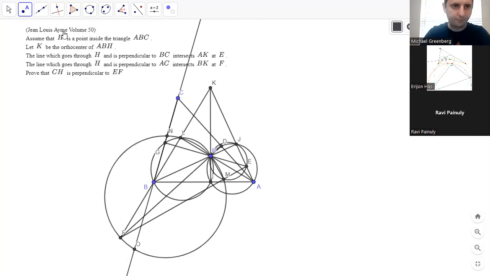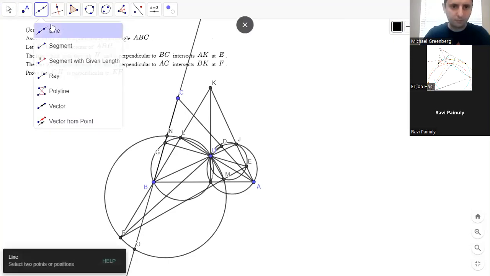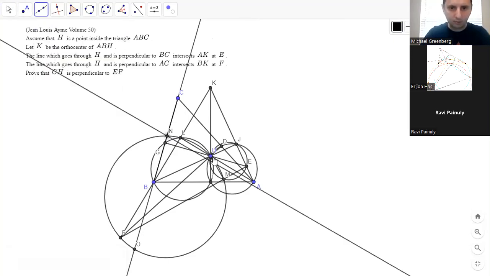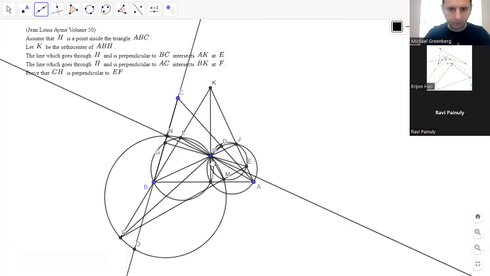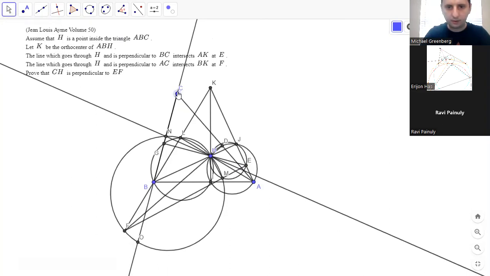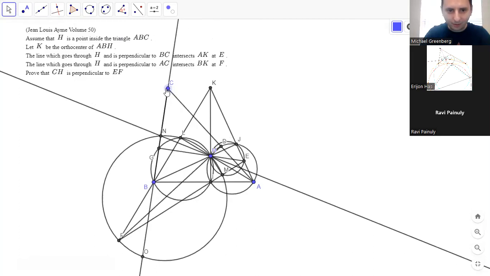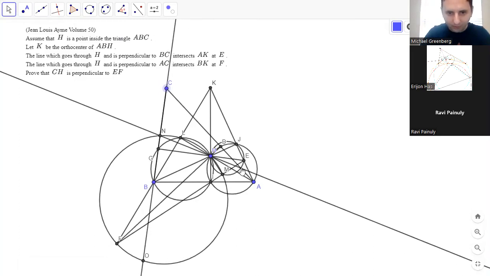Is there anything special about these? I doubt that this actually concurs. CA intersect BK. Oh, it looks like NH intersects on this circle. So we'll have to think about that in a little bit.